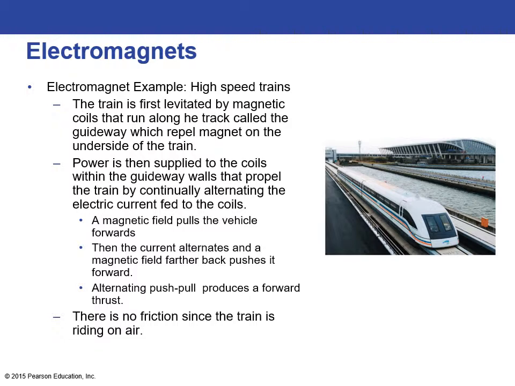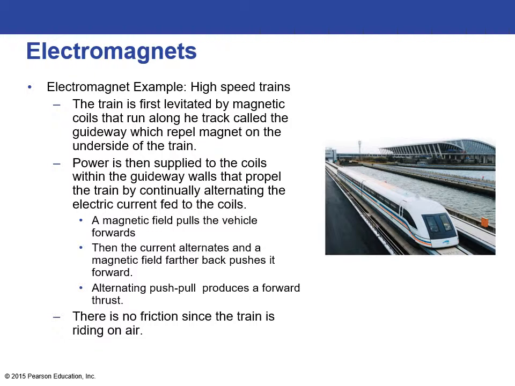Power is then supplied to those coils within the guideway walls, and they propel the train by continually alternating the electric current fed to the coils. So first there's a magnetic field that pulls the vehicle forward a little bit, and then the current alternates, and then there's a magnetic field further back that pushes the train forward, and the train keeps getting pulled forward and pushed forward, that current alternating back and forth, creating a push-pull very, very quickly, which produces a forward thrust moving the train forward.